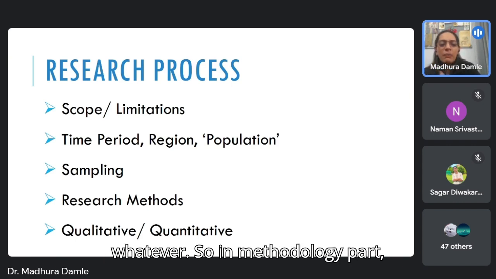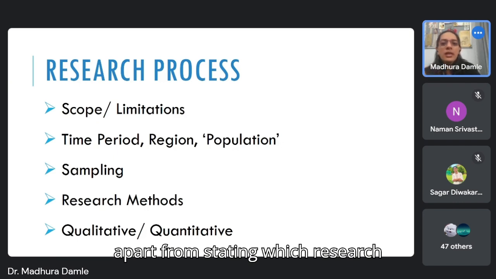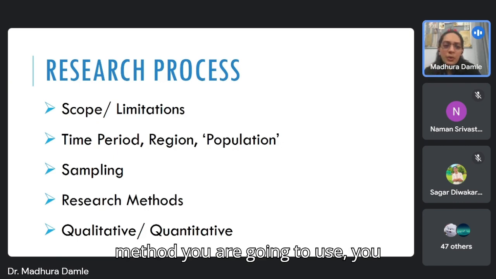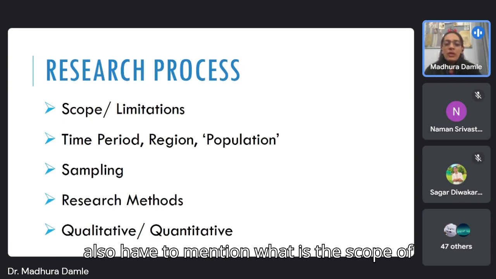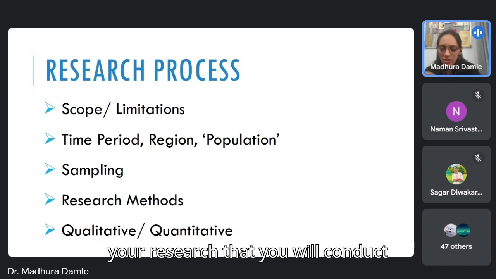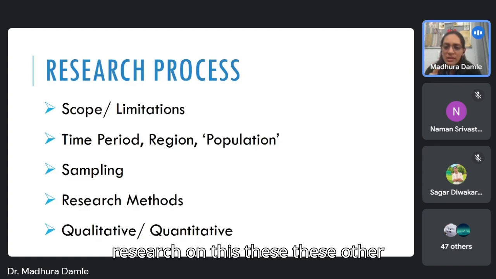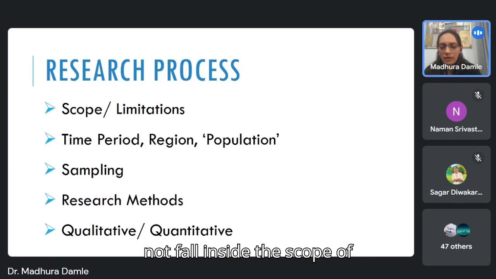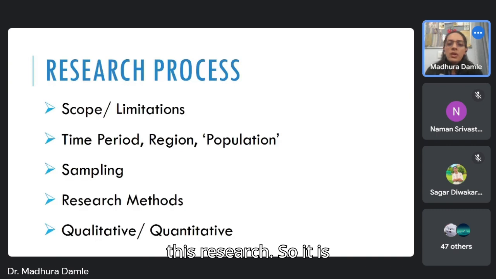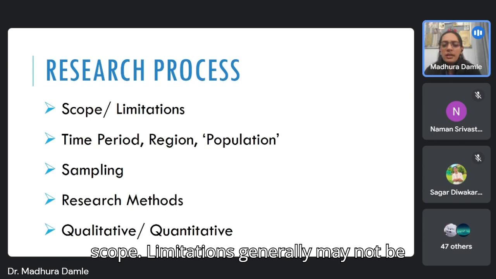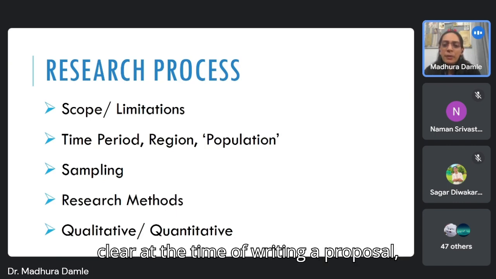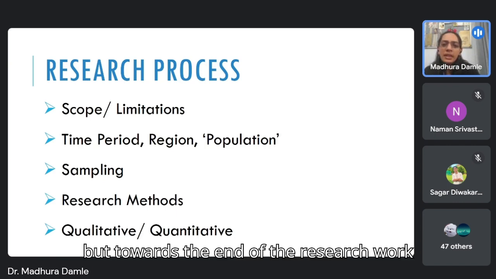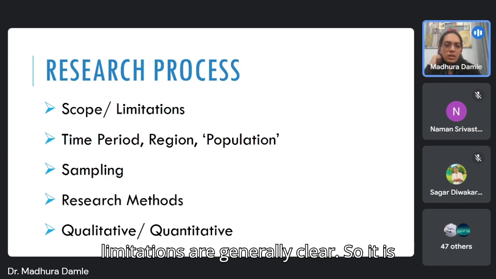So in the methodology part, apart from stating which research method you are going to use, you also have to mention the scope of your research, that you will conduct research on this. These other factors are also important, but they do not fall inside the scope of this research. So it is important to explain the scope. Limitations generally may not be clear at the time of writing a proposal, but towards the end of the research work, limitations are generally clear.